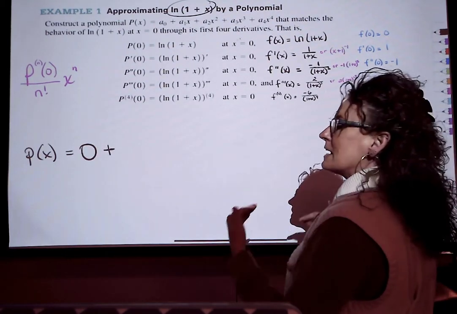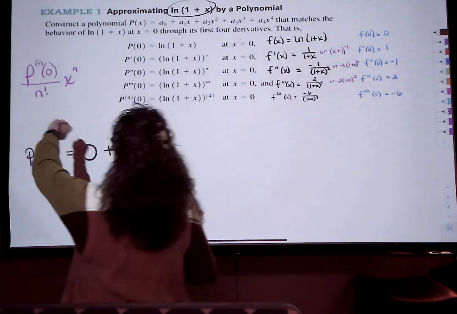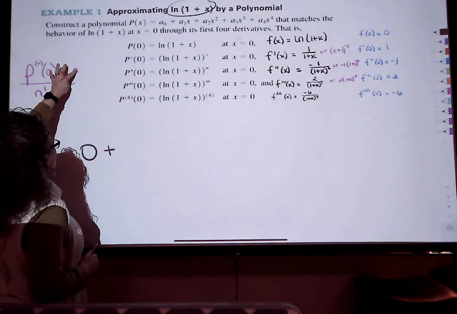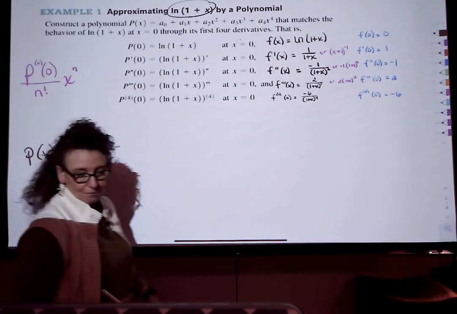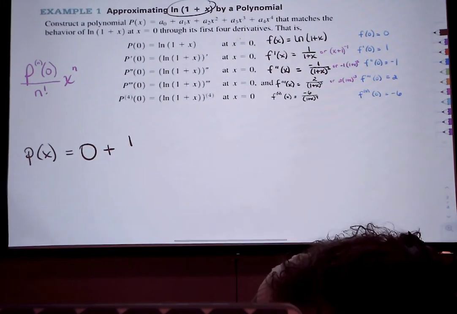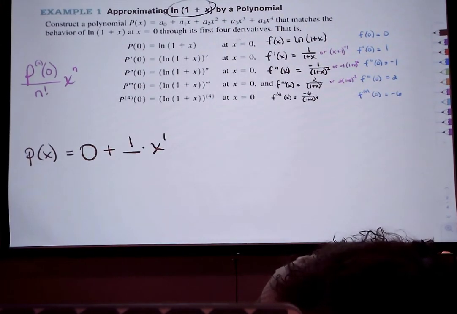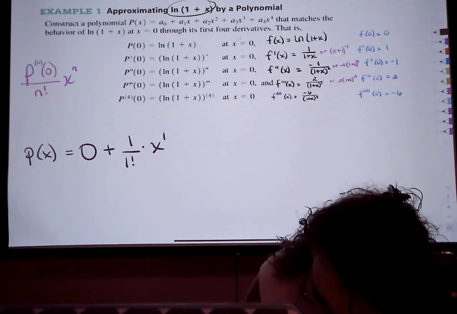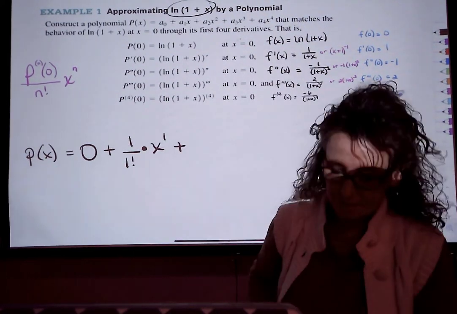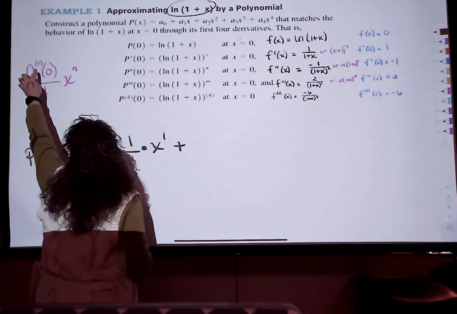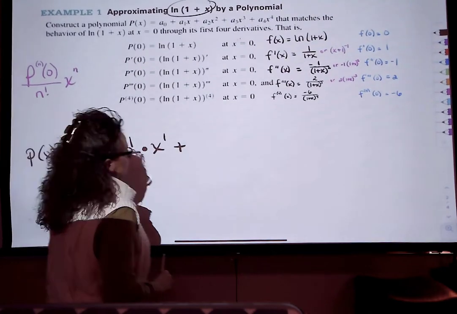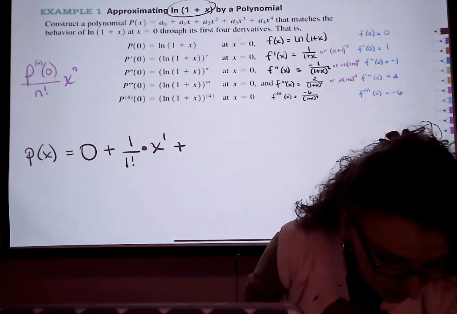Now, for my next term, I need the value of my first derivative times x to the first over 1 factorial, plus. Next term, I need the value of my second derivative when I plugged in 0 times x squared over 2 factorial. Negative 1.